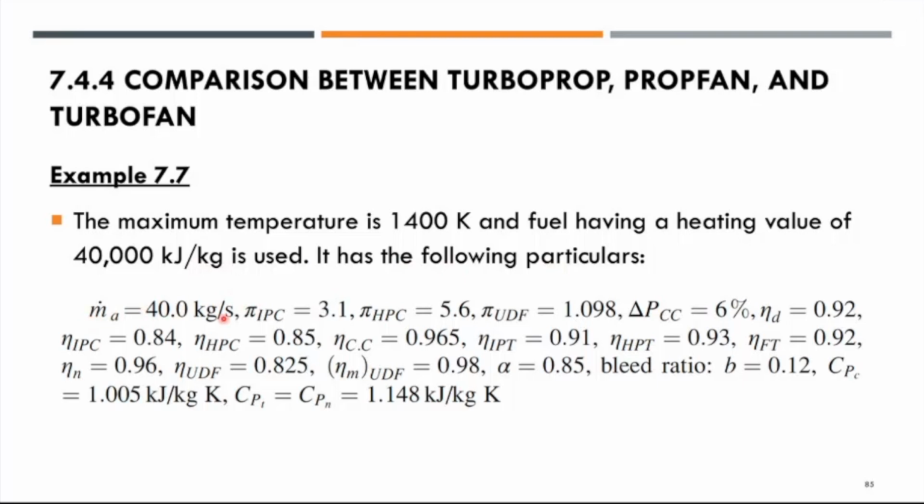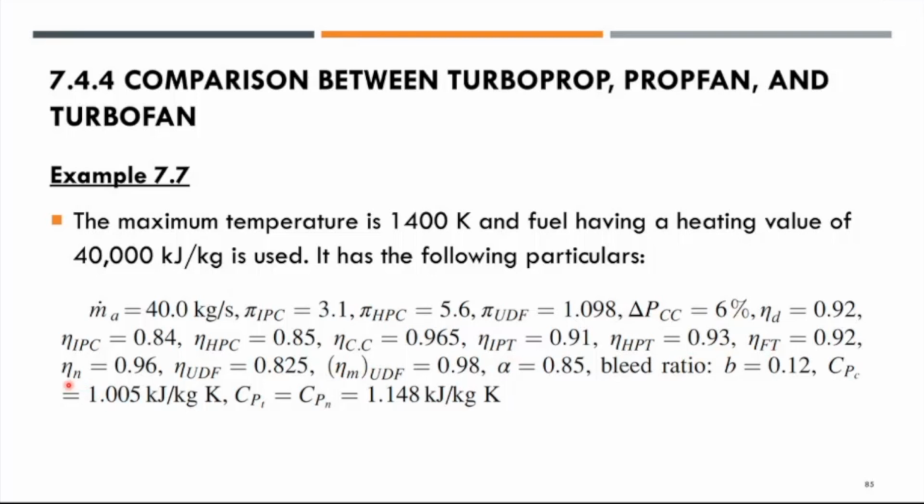You have the mass flow rate, the intermediate pressure compressor ratio, the high pressure compressor ratio, the unducted fan ratio, the combustion chamber pressure drop, the efficiency of the diffuser, the efficiencies of the intermediate pressure compressor, high pressure compressor, combustion chamber, intermediate pressure turbine, high pressure turbine, and fan turbine.